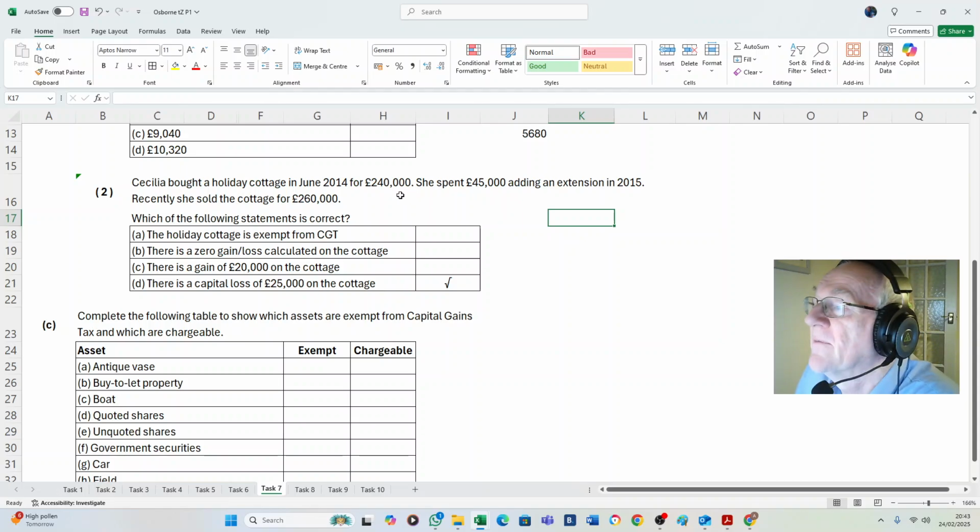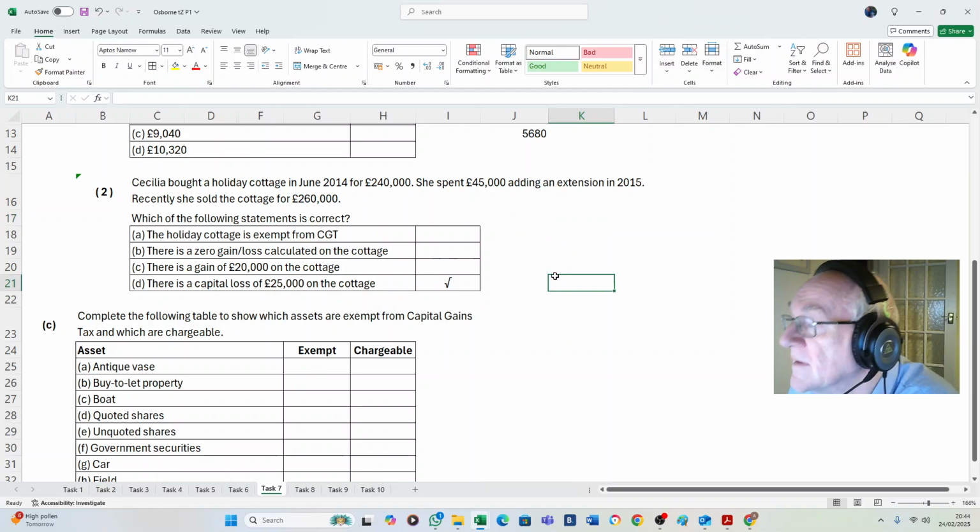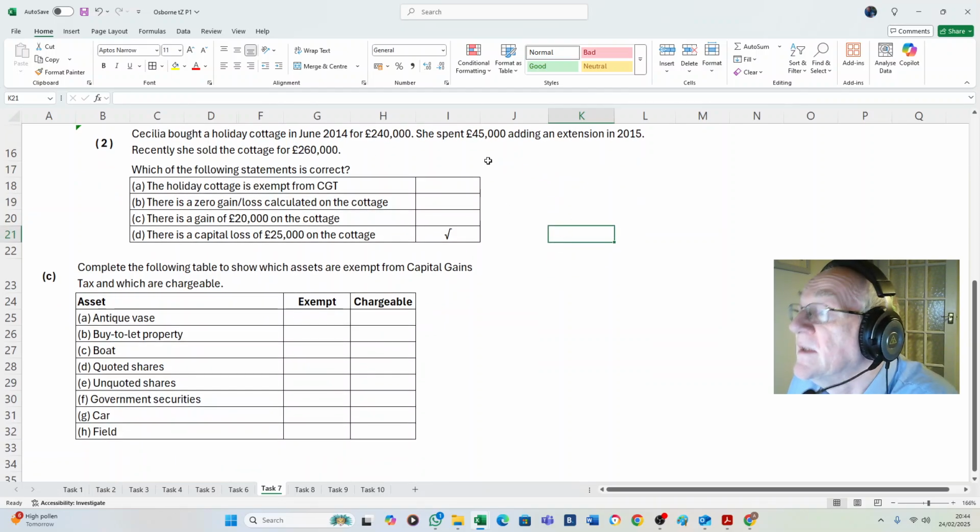She'd make a profit if that 45,000 didn't count, which is one of the answers, of course. Replacement kitchen, 45,000, wouldn't count. Then she'd have made a gain, but that's okay, it's an extension increasing.